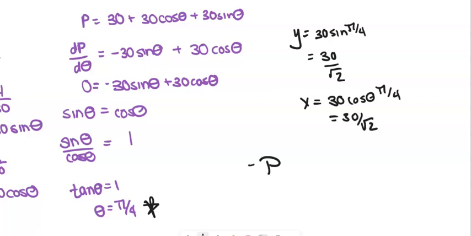So my total perimeter, which is what the question asked for, is 30 plus 30 over root 2 plus 30 over root 2. And if I just calculate that, I'm going to end up with 72.4 centimeters.